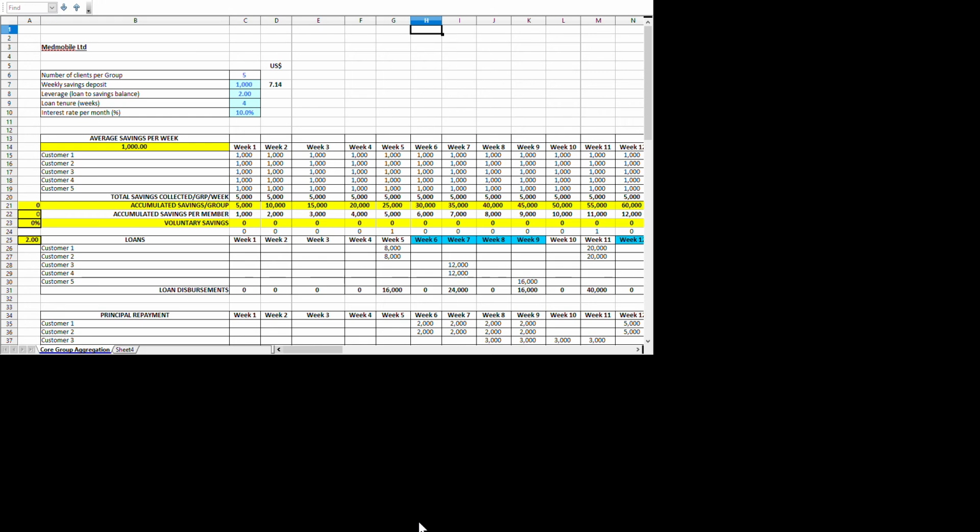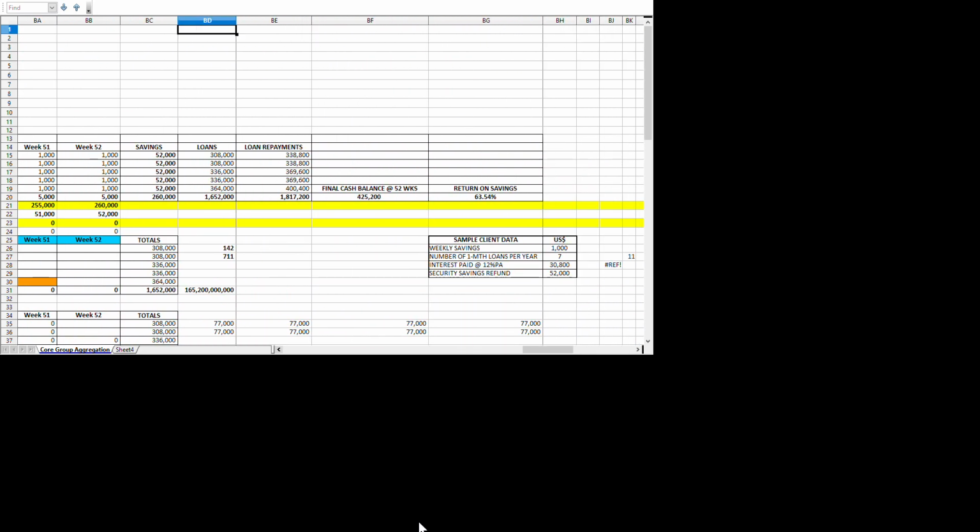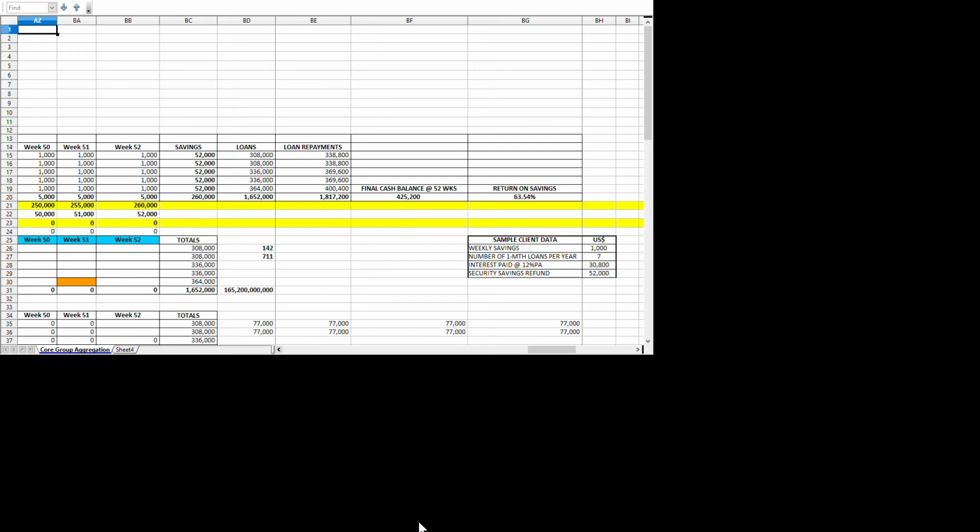And what you see at the end of 52 weeks is that the total savings is 260,000. If we are looking in columns BC, BD, BE, BF, and BG, and rows 14 to 20, this is the total after 52 weeks. So the savings after 52 weeks is there, the loans and everything.